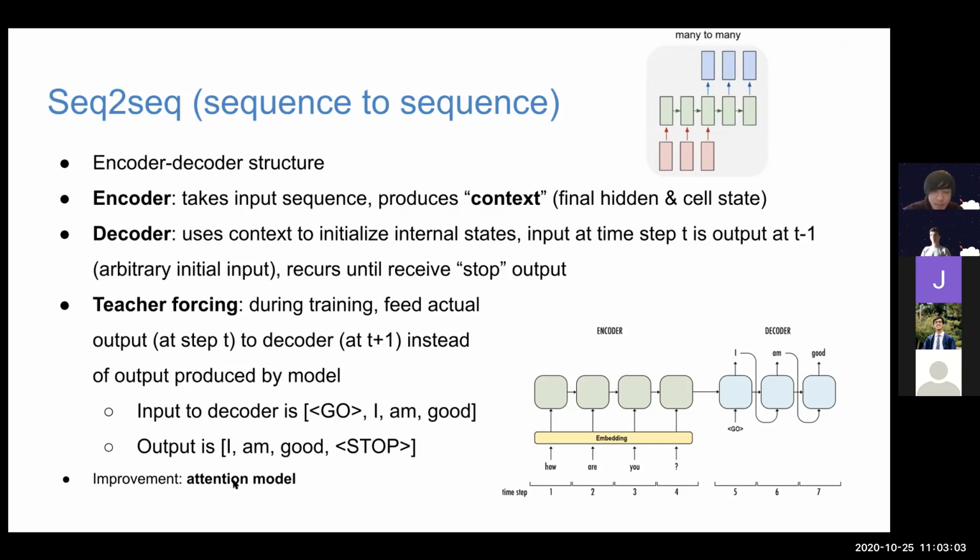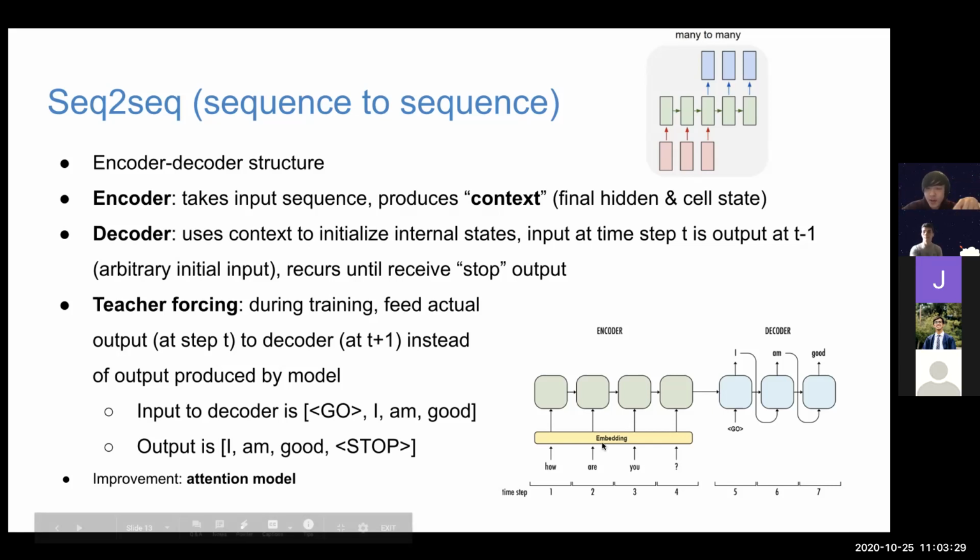The basic idea behind the attention model is that the encoder produces some context, but then the decoder doesn't only use that context. It also has a separate part of the decoder that takes each hidden state in the encoder's sequence of outputs.